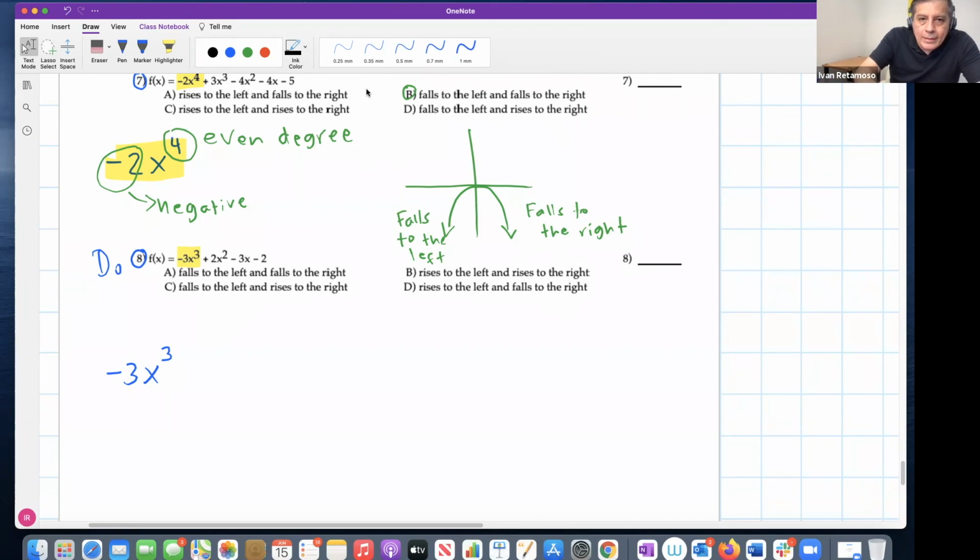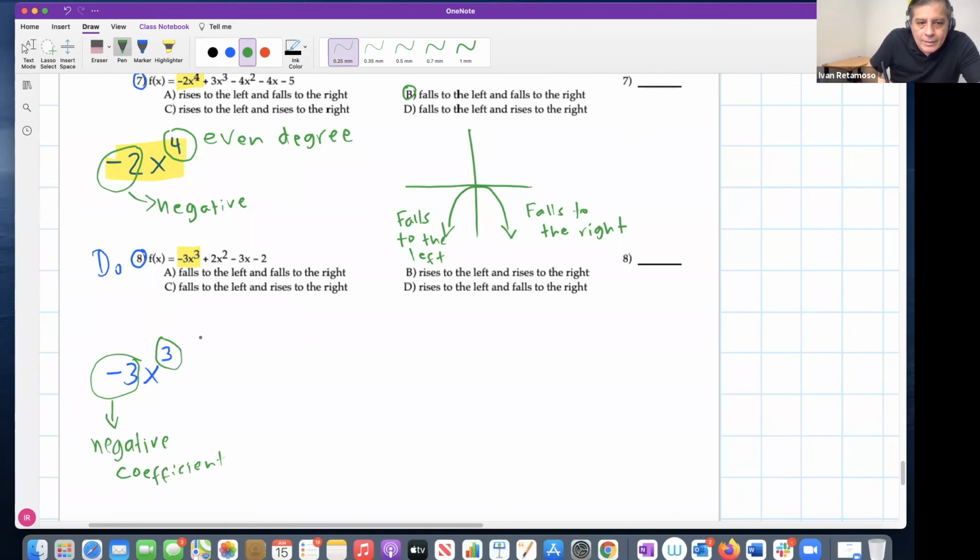So when you look at this, you quickly realize that this guy is negative. Negative coefficient. The k is negative, the coefficient.